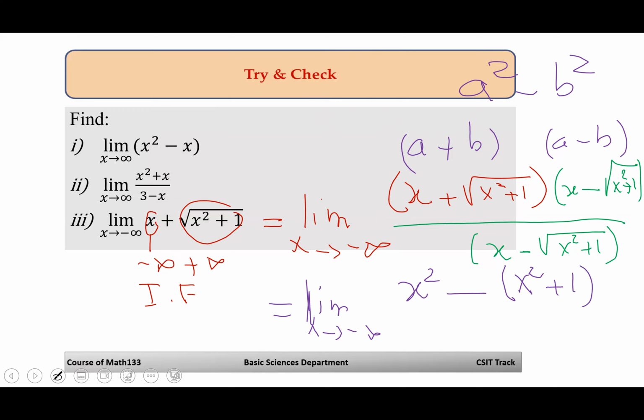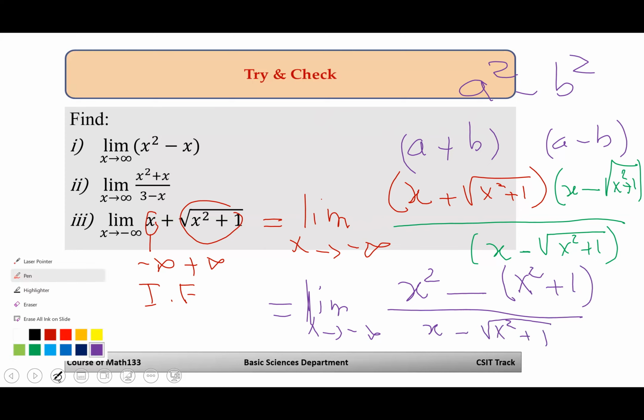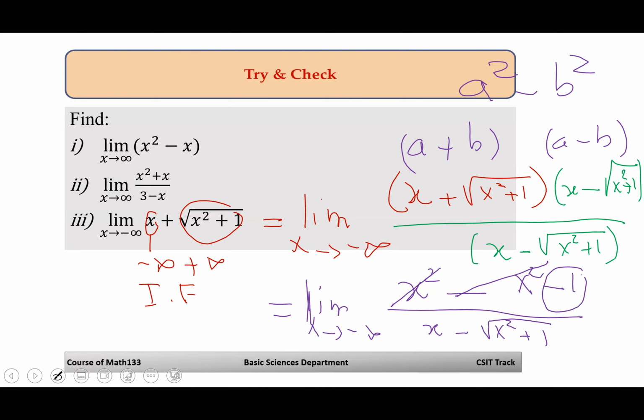If you remove the parentheses, you will see that it is minus x squared minus 1, over x minus root x squared plus 1. Okay, now removing the parentheses, it is minus. Then this will cancel this, and I have minus 1 in the numerator.